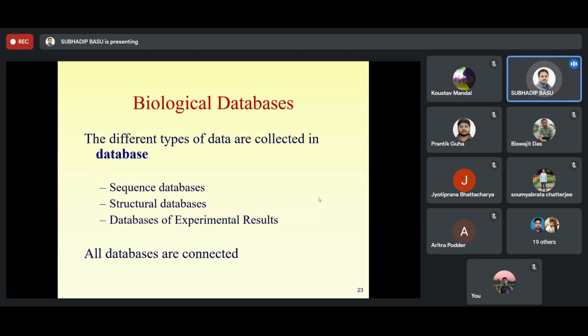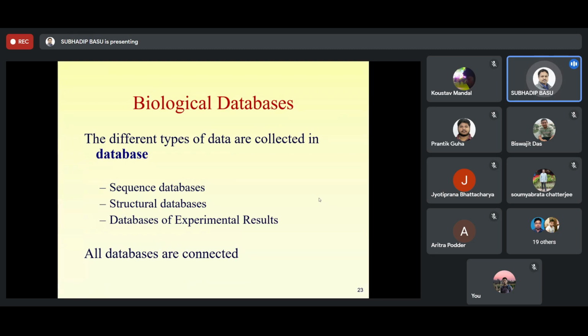So now let us come back to biological databases. There are many different databases, an important aspect of bioinformatics, because this is an interdisciplinary subject and many people have prepared many different databases that are available in the public domain.